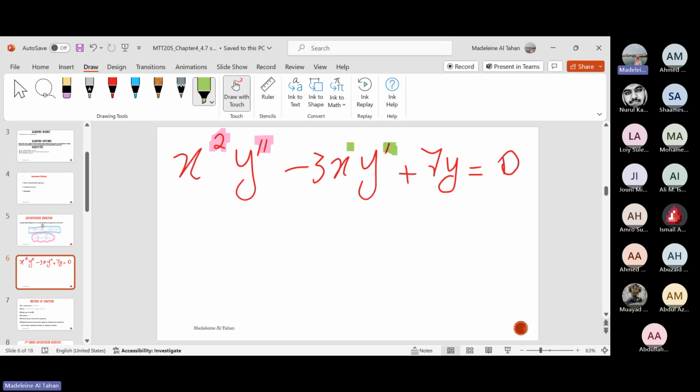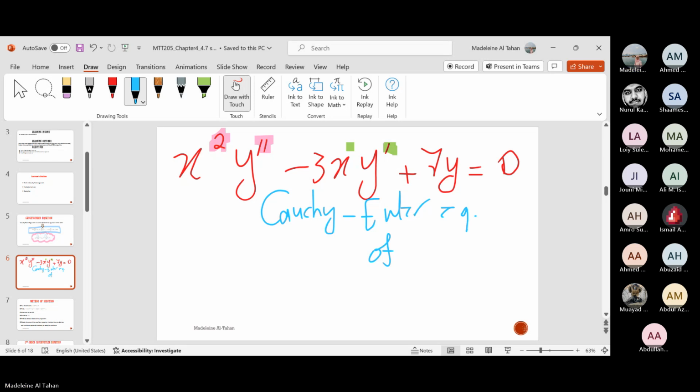Prime. And here we have power 1. And before y, as if it's power 0, we have x to the power 0, which is 1. So this one, what do we call it? Cauchy-Euler equation of which degree? Second degree? Degree 2. Okay.